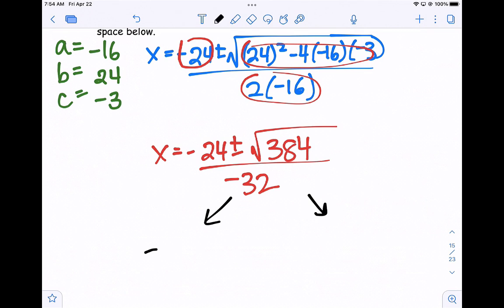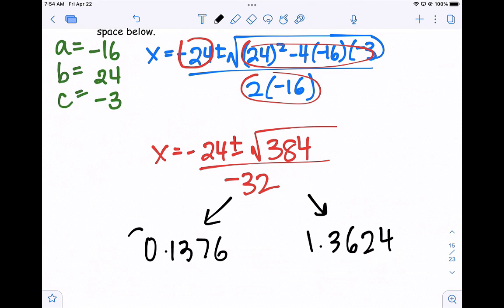So our first answer is 0.1376 seconds. And then the other answer is negative 24 minus the square root of 384. We'll hit enter, divide by negative 32. 1.36237. I'll just leave it like that.